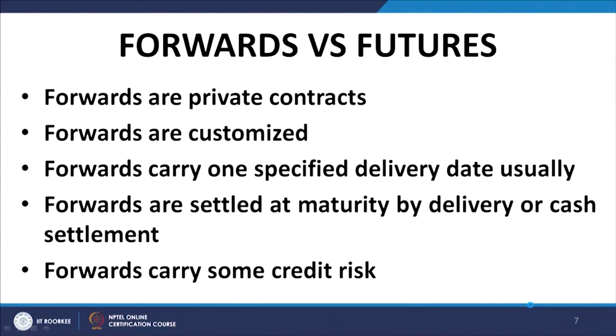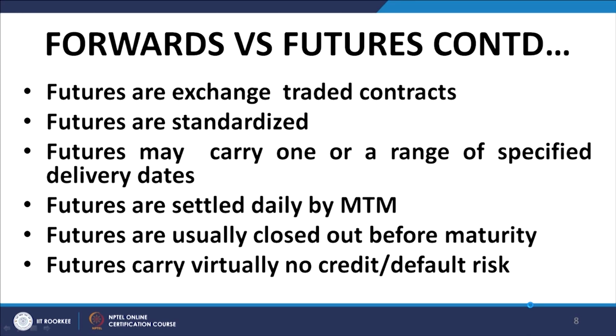So, here let us quickly recap the differences between forwards and futures contracts. Forwards are private contracts, forwards are customized, forwards carry one specified delivery date in most cases, forwards are settled at maturity by delivery, and forwards carry some default risk, some credit risk. In contrast to this, futures are exchange traded contracts, futures are standardized to facilitate liquidity.